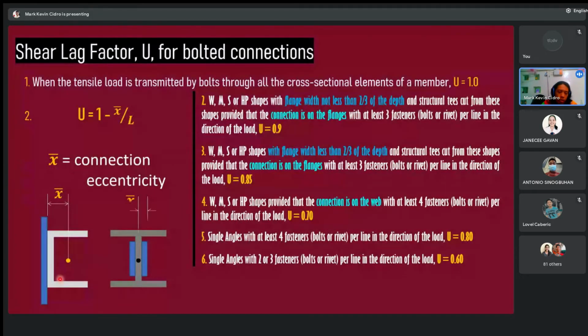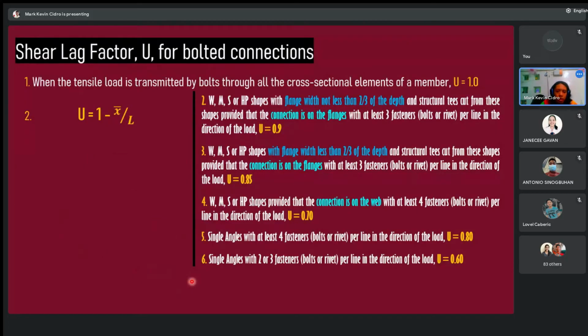The connection eccentricity is the distance from the centroid to the outer face that connects to the plate. That is the connection eccentricity for the C or L. For this one, this is your centroid, and this is your connection eccentricity. For the I shape, the connection eccentricity is taken from the centroid of the half I, the centroid of the T, up to the face where the I connects to the plate. That's your connection eccentricity.